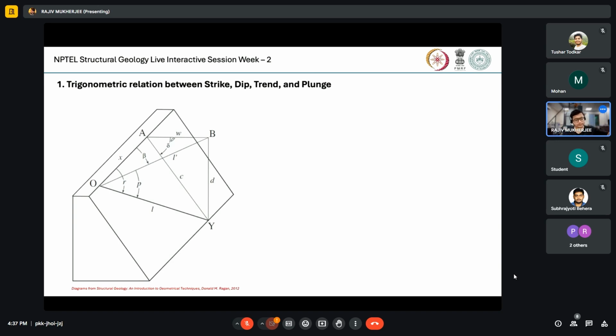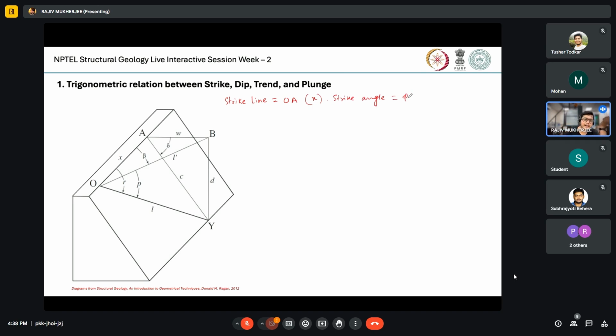So what is strike? Strike is any horizontal line on a plane, right? So in this case, we will define the strike line as OA and it has a magnitude x, right? Consider strike angle as phi.